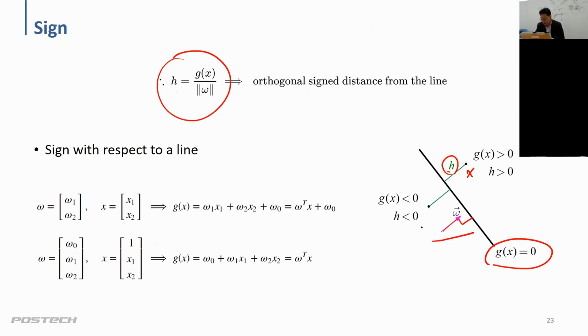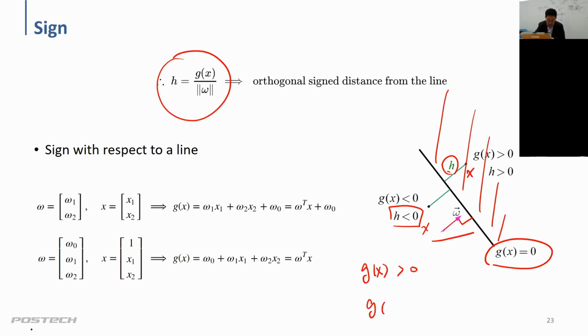And here, if we have X, there will be negative values. So let me show. Here, if we have this, and let me change the colors.